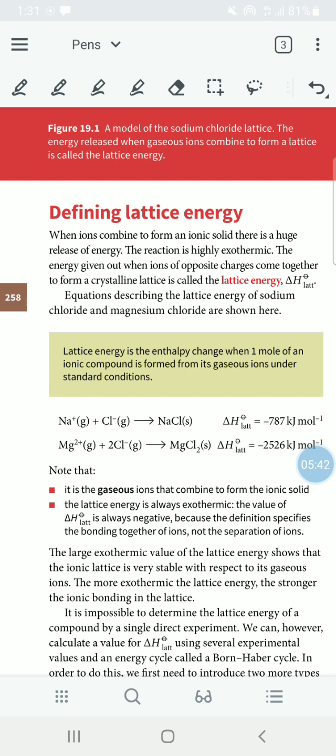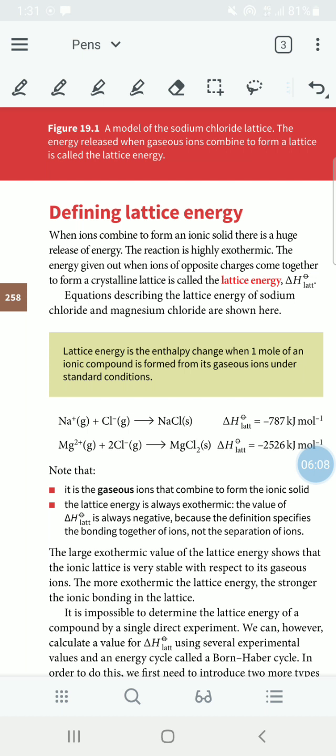If you compare sodium chloride and magnesium chloride, magnesium chloride has negative 2526 kilojoules per mole. That means it is more stable.